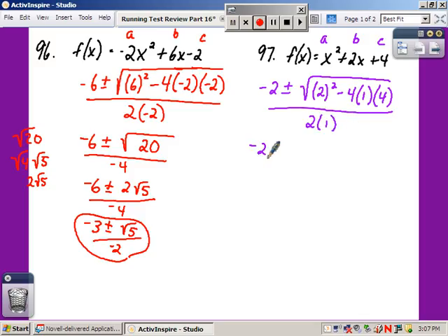Again, let's clean up what's underneath the square root. We got 4 minus 16, that's negative 12, all over 2.